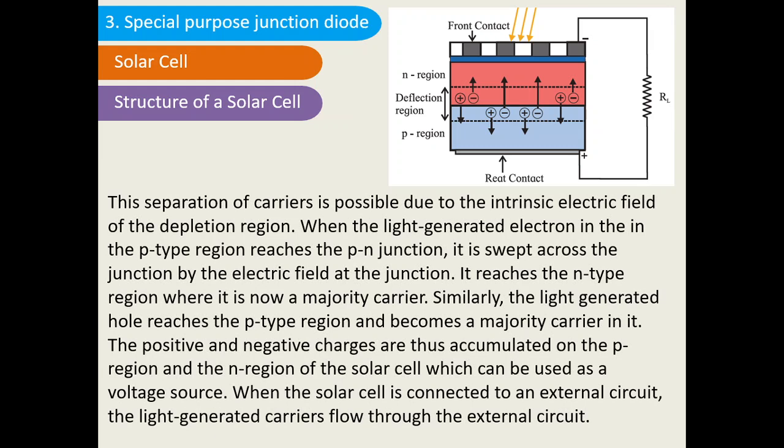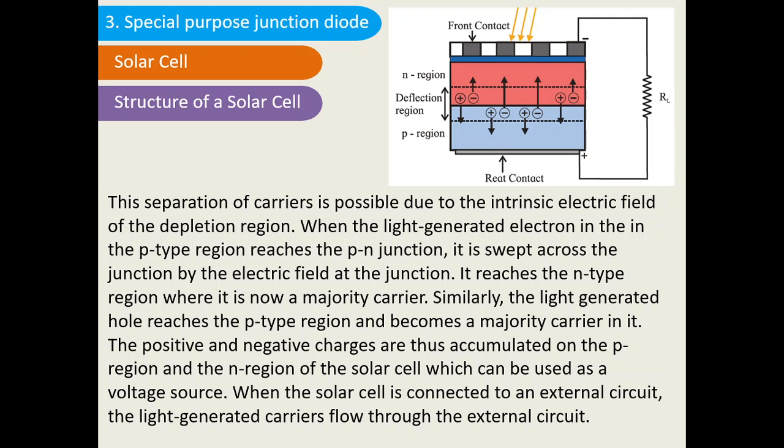This separation of carriers is possible due to the intrinsic electric field, that means the electric field because of the minority charge carriers. I hope you remember that there is no additional voltage required for minority charge carriers to cross the junction.